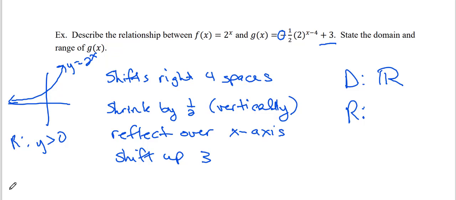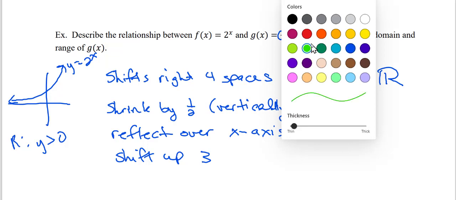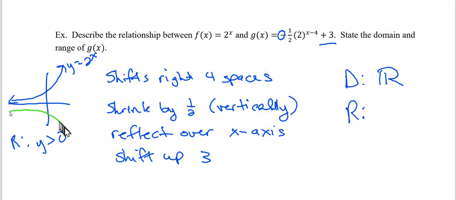Now, once you reflect it, your reflection flips it down this way. Total rough sketch here. And so now with the reflection, my range becomes that I only have negative numbers: y is less than 0. Now when I shift it up 3 spaces, the asymptote shifts with it.